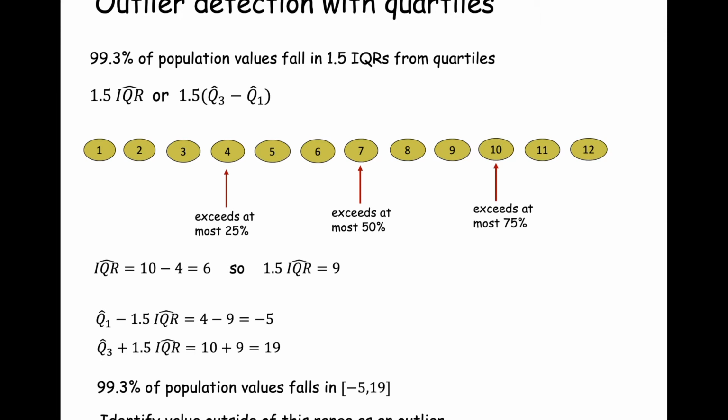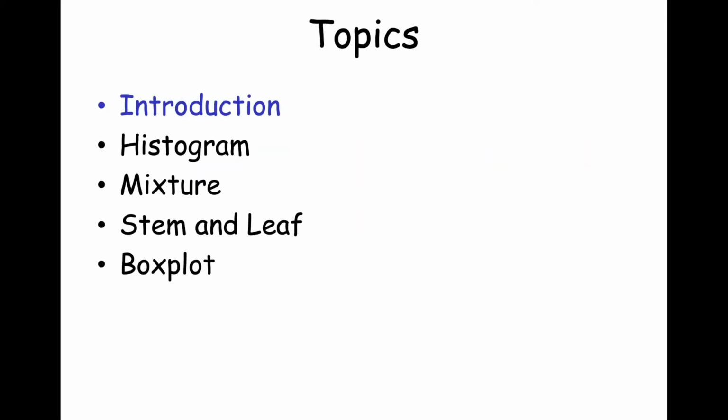When we do that for this example, we get the interval from -5 to 19 on the integer number line, and we said that within 1.5 IQR, above and below the first sample quartile and the third sample quartile, that represents 99.3% of the population values. And we can use that quite efficiently to perform outlier detection.